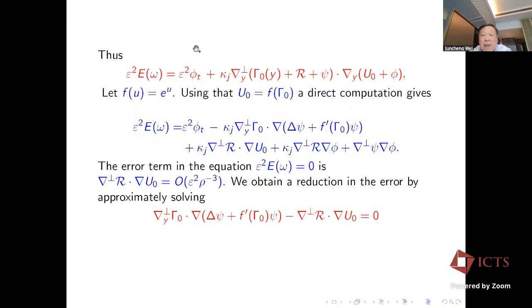So the first error is like this, and by direct computation, we say that the first error will be like epsilon square order, okay, and then we have to find the next order. So we use a reduction in the error by solving the linearized problem in this way.